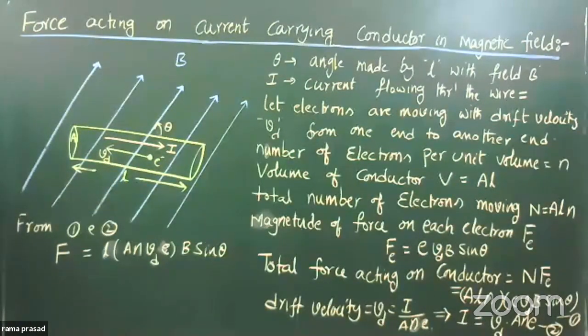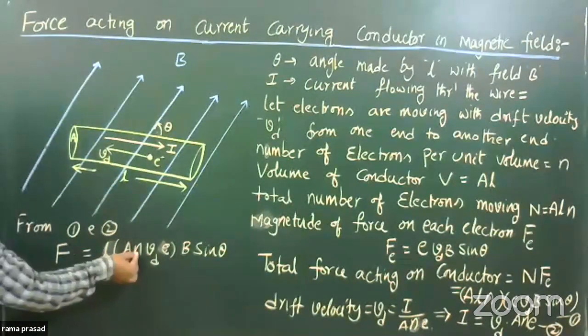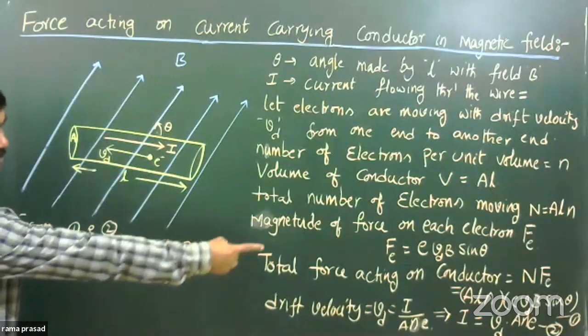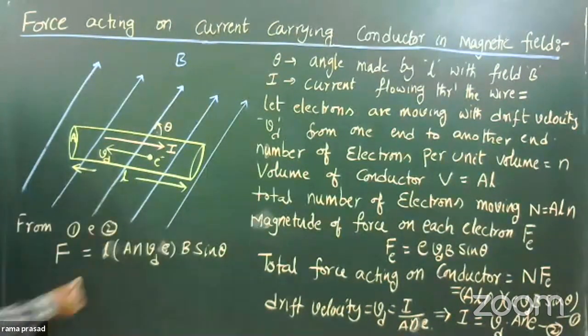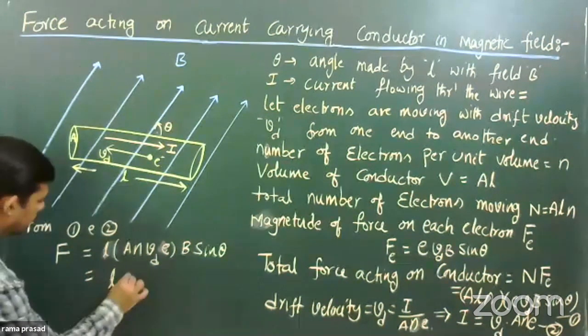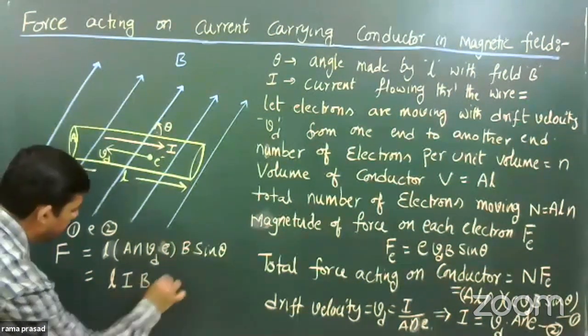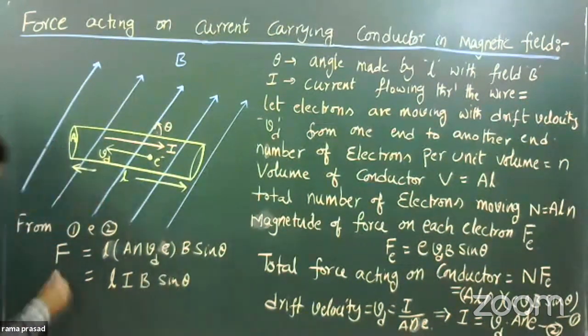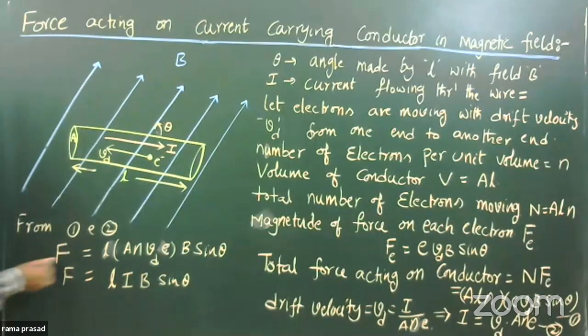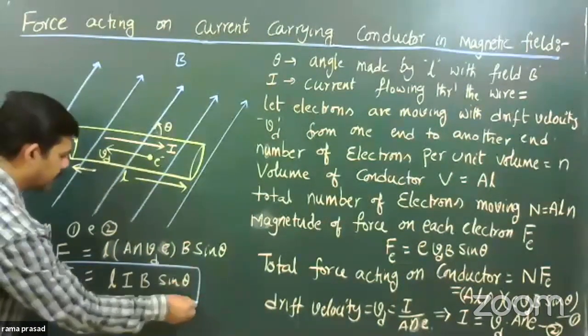Is it not the one there? A n Vd e is I. So can I write L I B sin theta? This is the force acting on a conductor.